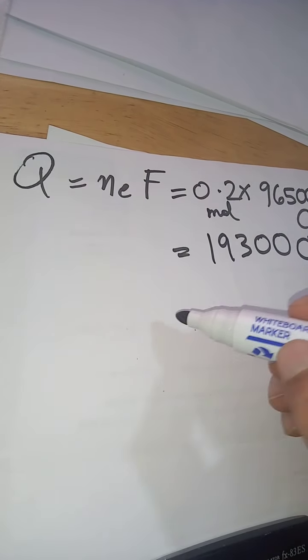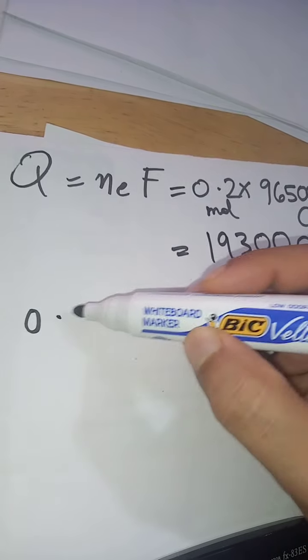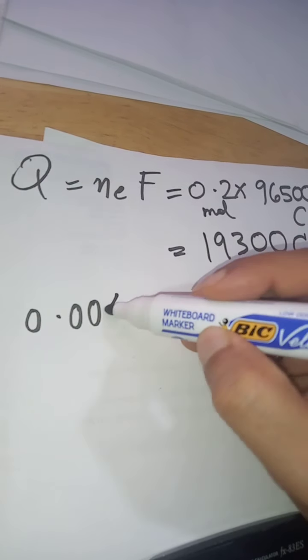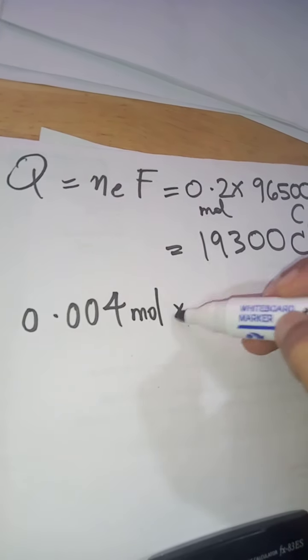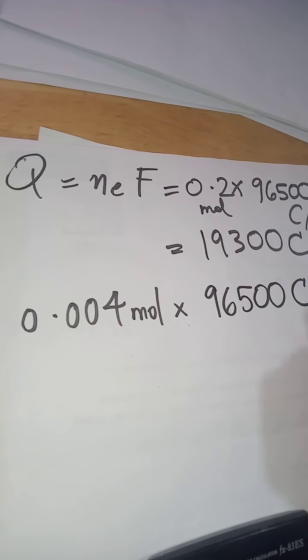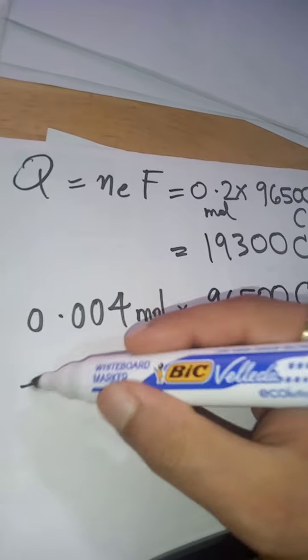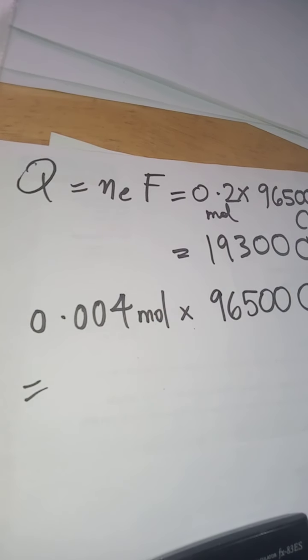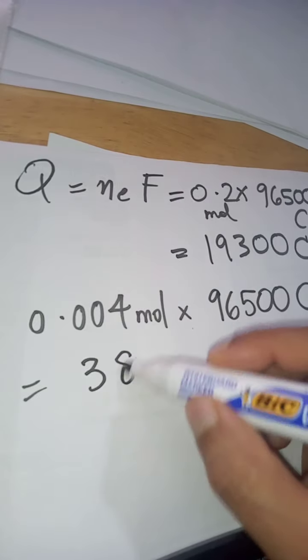We could do the same for 0.004 moles, and the answer would be 386 coulombs.